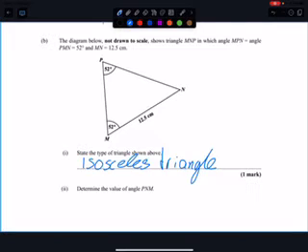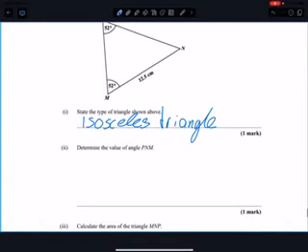Isosceles triangle. How do I know it's isosceles? Both sides, same angle. And of course, most of the time, if you had the first one wrong, the chances are the other was wrong too.